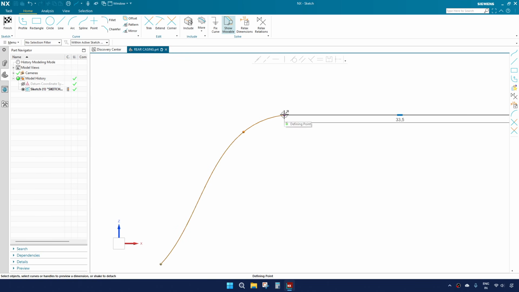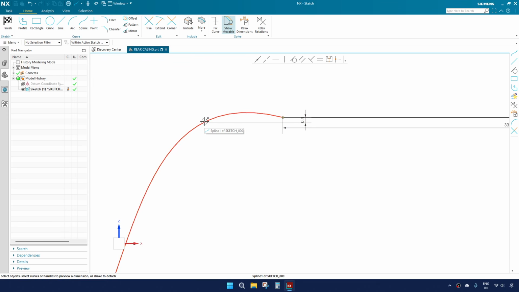From this point to this point, the vertical dimension is 0.4. The horizontal dimension is 2.2.